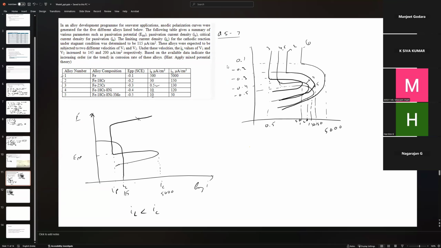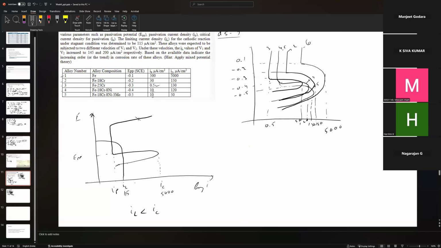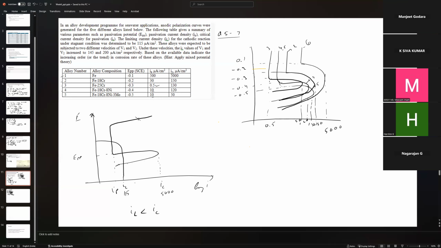In stagnant condition, it will be something like 14, somewhere in between.